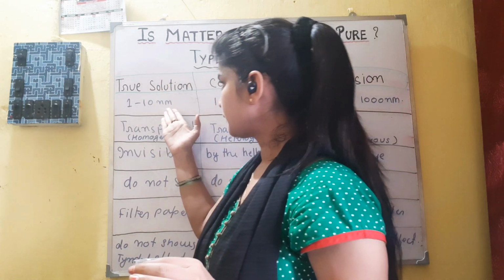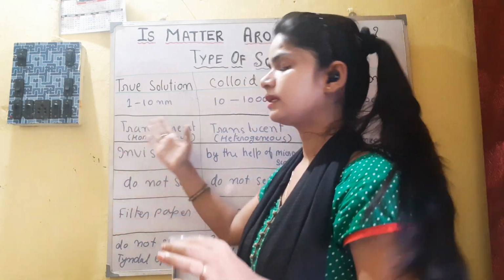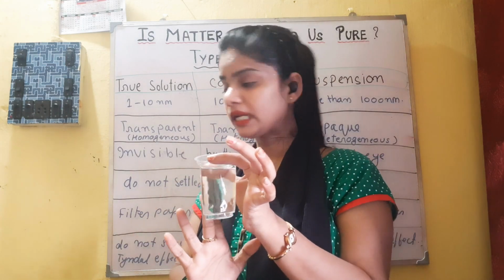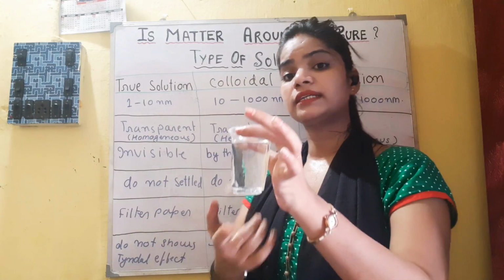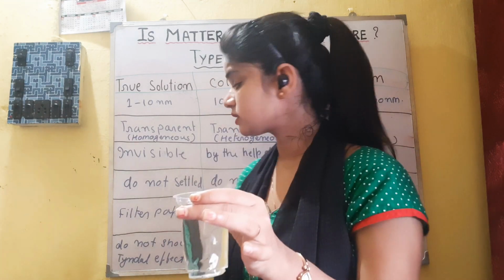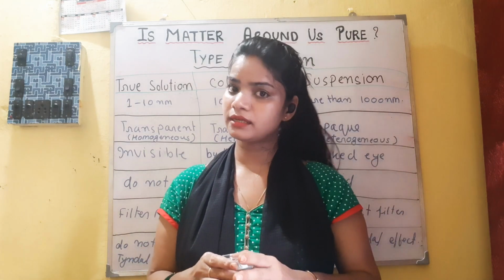The particle size is very small, less than 10 nanometer. It is completely transparent. The particles are completely invisible. The particles do not get settled. It can easily be filtered, and it does not show the Tyndall effect.